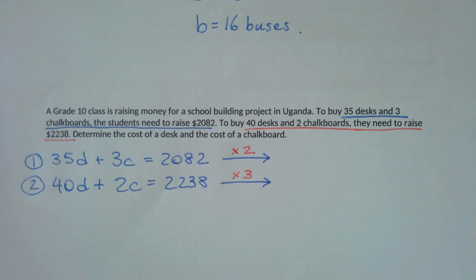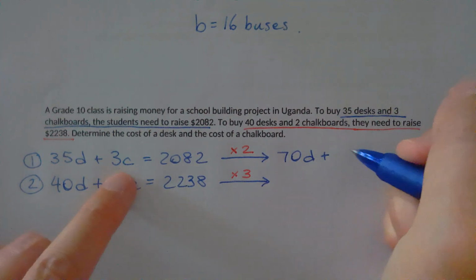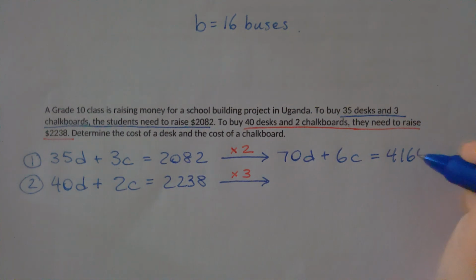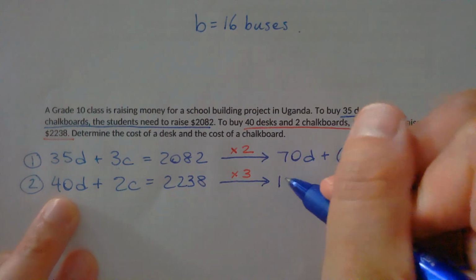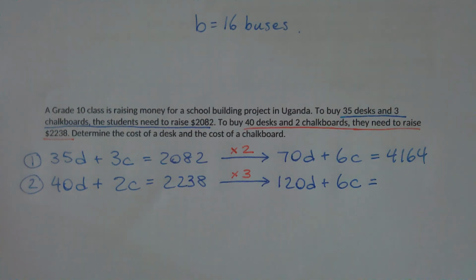Okay, let's see what happens. 35 times 2, you get 70, so 70D plus 6C equals 2082 times 2, 4164. Same thing, 40D times 3, 120D, 6C, 2238 times 3, I get 6714.